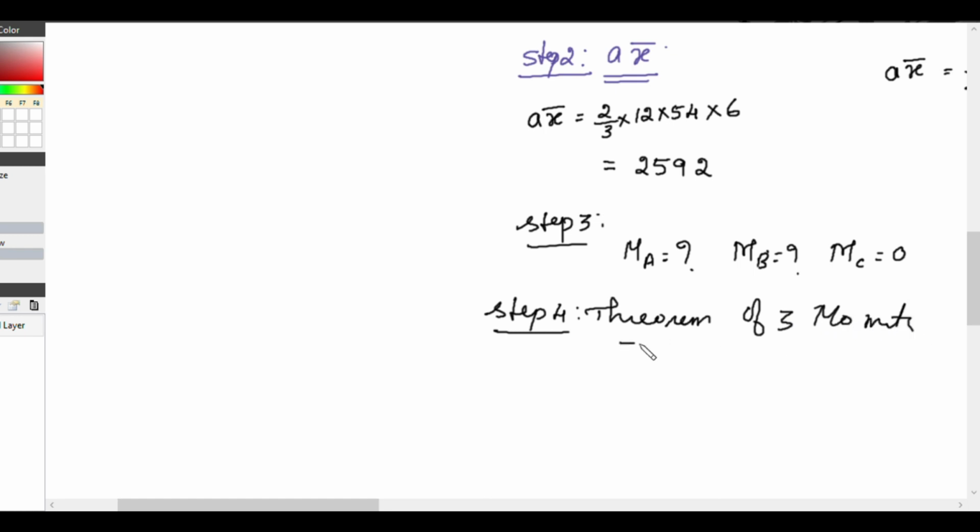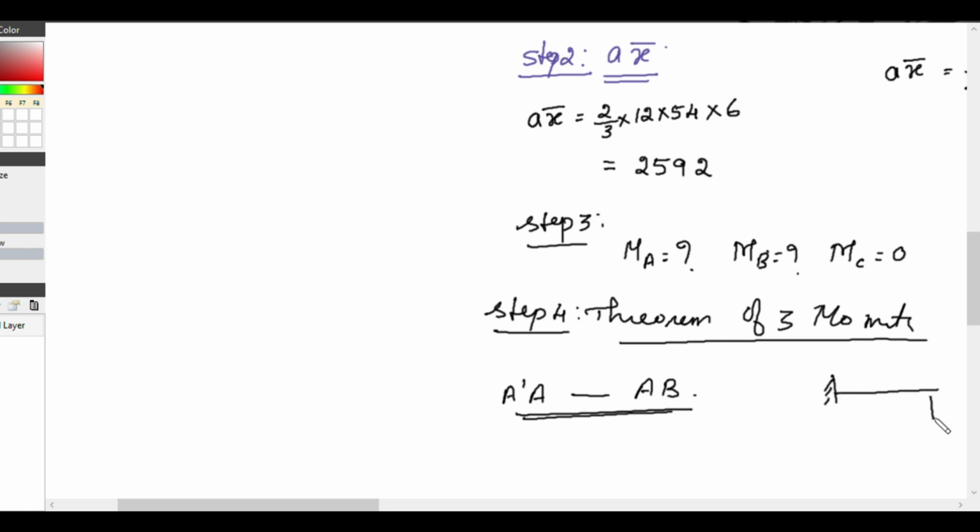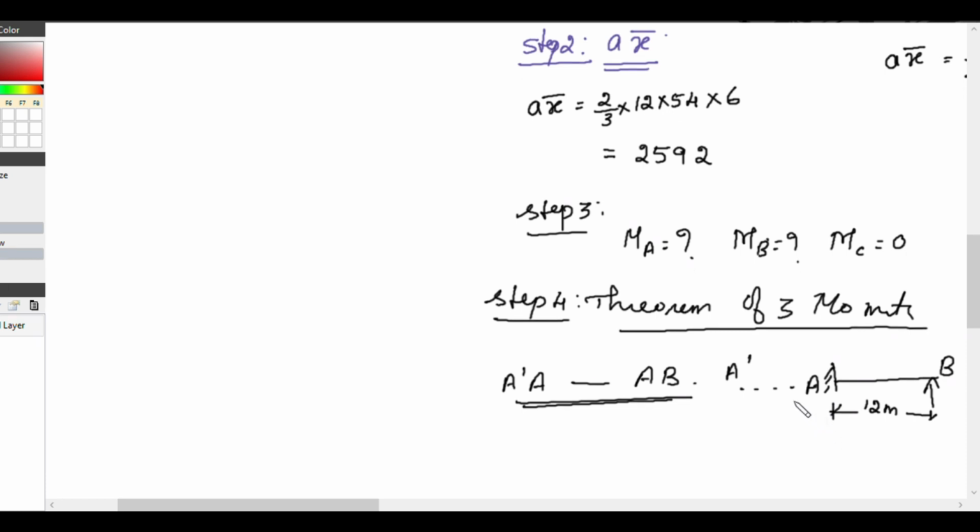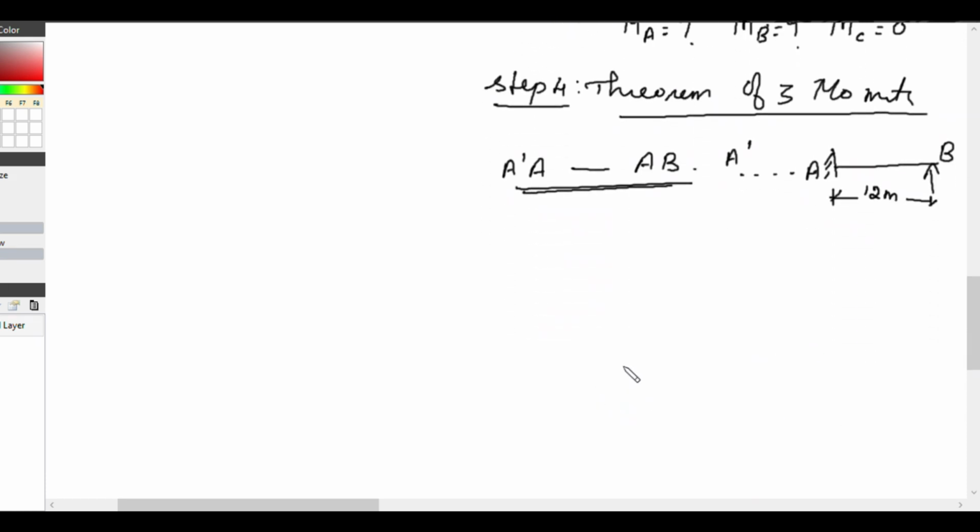So for that, first, since A is fixed support, we will consider A dash A, AB. So while considering span A dash A, AB, this is A dash. This is an imaginary span. A dash A is imaginary span, AB is 12 meter. Okay. Now we will write the theorem of 3 moments.